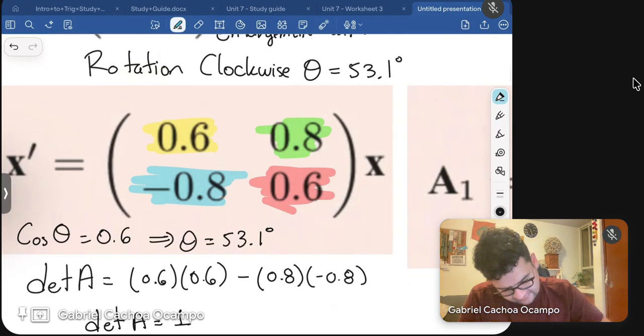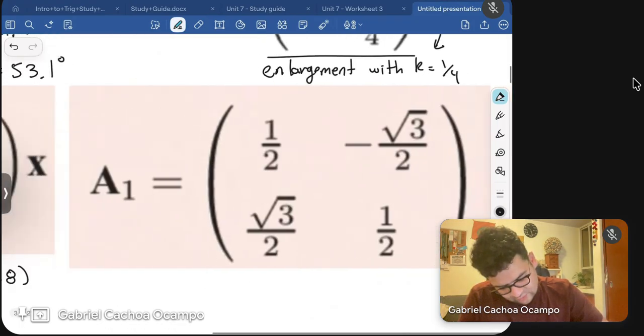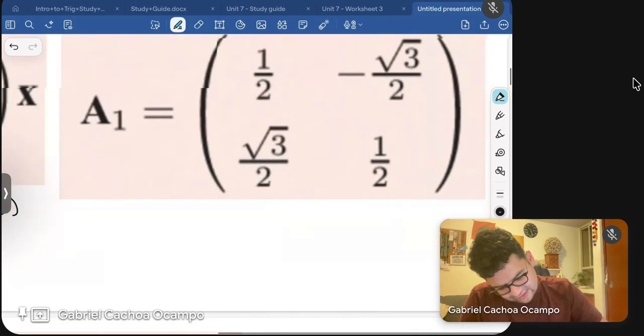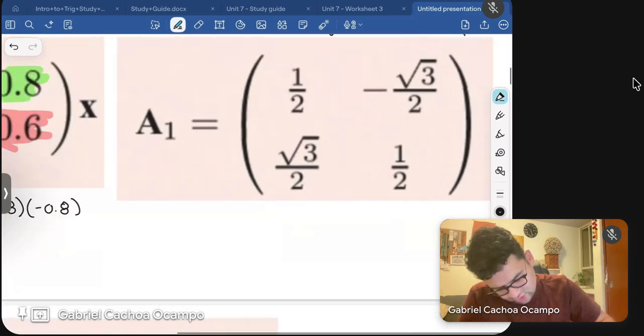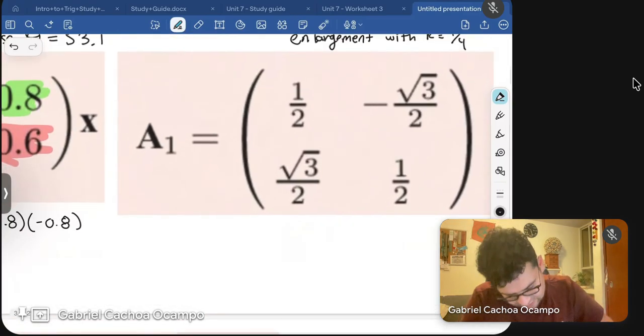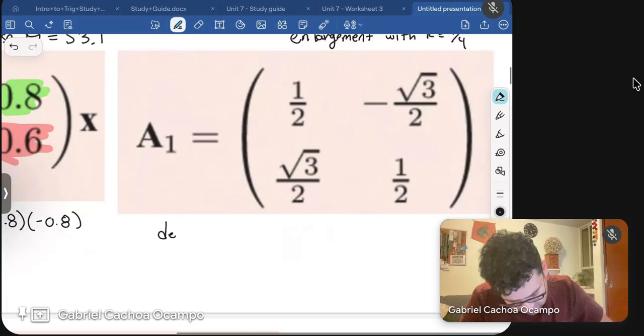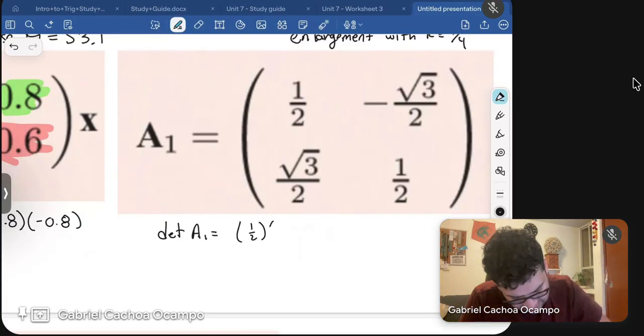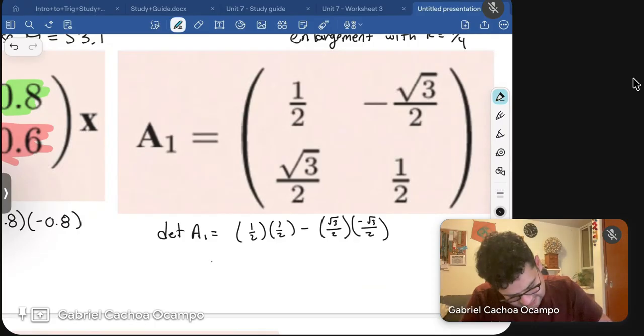Amazing. Now, for example, look at this one. If you do the determinant rule, again, I do the determinant, no? So the determinant of A1 is 1/2 times 1/2 minus square root of 3 over 2 times negative square root of 3 over 2. This is 1/4 plus 3/4.